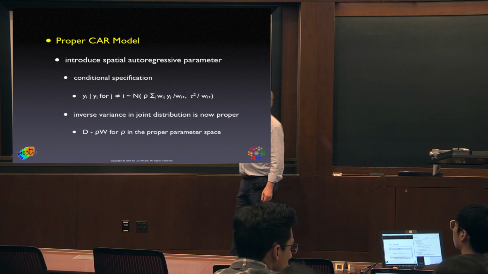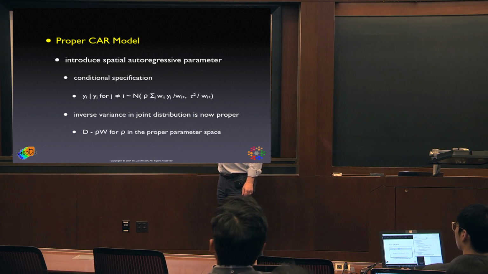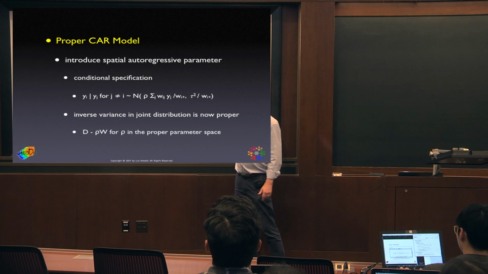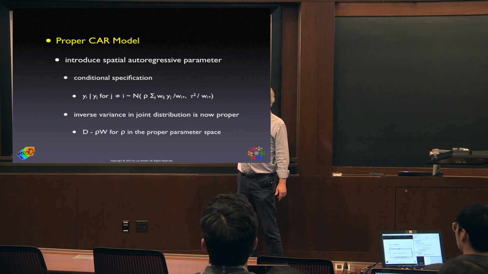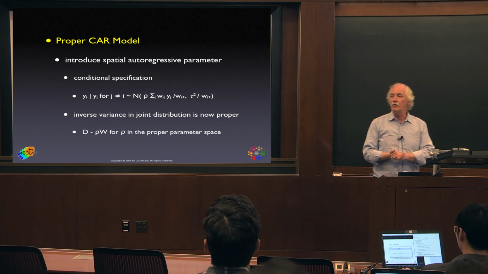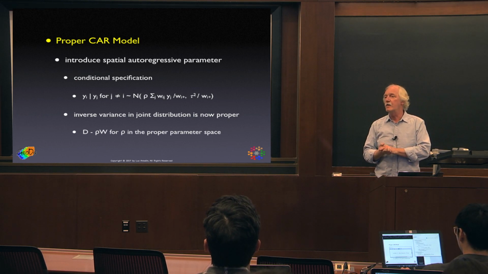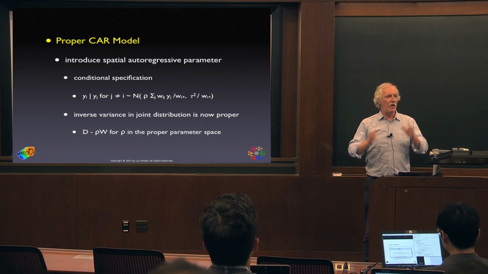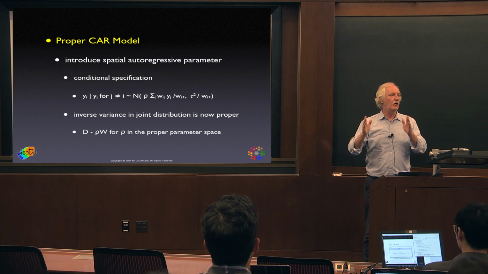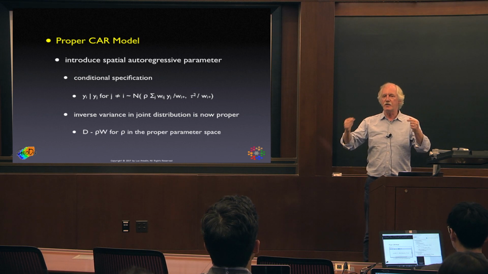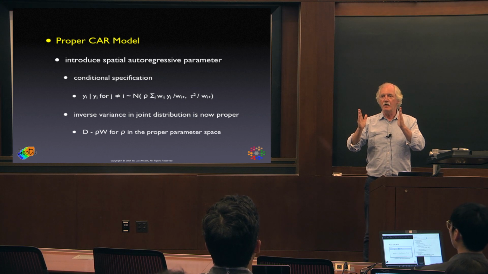And you see it has two parameters. It has a variance parameter, and it has an autoregressive parameter. So in Bayesian modeling, you have to specify priors for these. And that's tricky business, right? But there is a large literature on how to do this. So rather than what we would be saying in the traditional world, saying our parameter space, for example, for the autoregressive parameter, is bounded by 1 over the smallest and the largest eigenvalue of the weights matrix. That's the bounds, right?